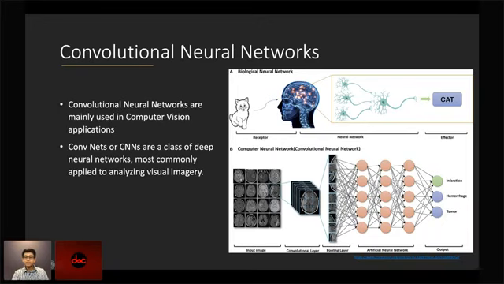The segments in this column, where it says pooling layer at the bottom, are pulled from different sections of these images. This selecting of different segments is what convolutional means, and that's why it's called a convolutional neural network.